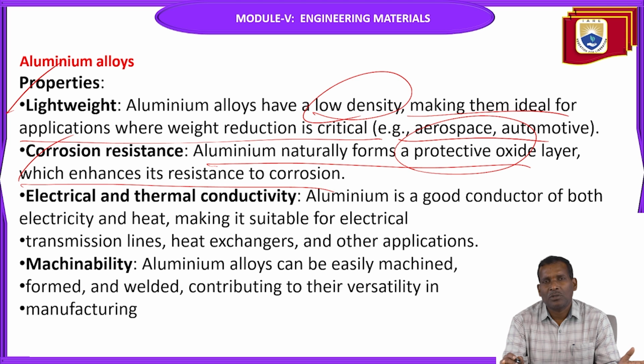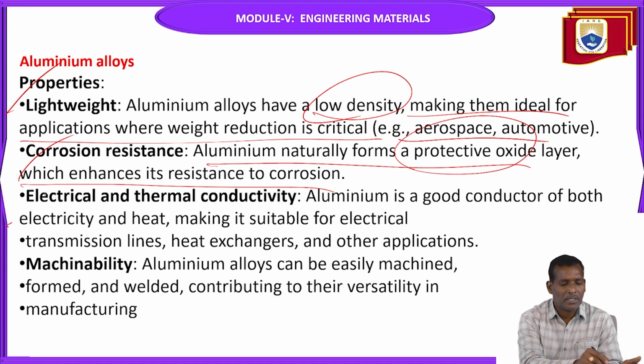That's why, in corrosion control, you use some protective coating methods to avoid corrosion. Here, the material itself, aluminum, naturally forms a protective oxide layer.